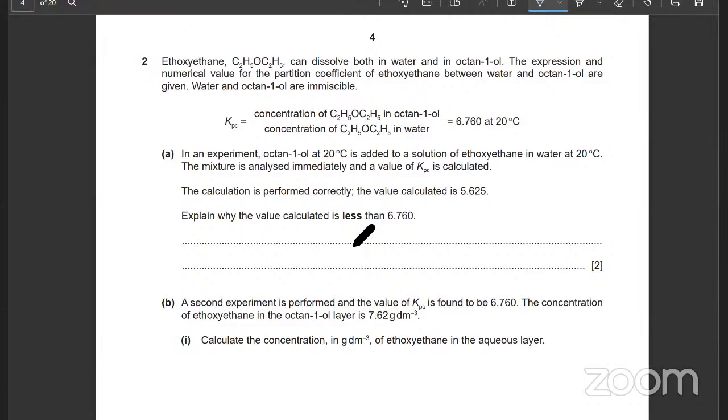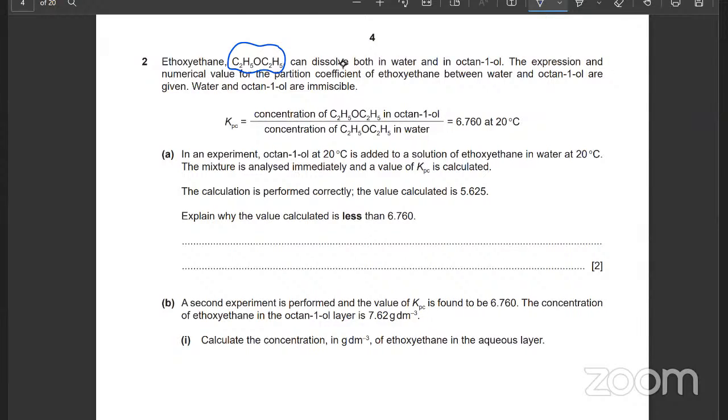Why is the value calculated less than 6.7? This one is ethoxyethane, which can dissolve in both water and octan-1-ol, so this is the solute. Again, this is about KPC, the expression and numerical value for the partition coefficient between water and octan-1-ol. Water and octan-1-ol are immiscible.